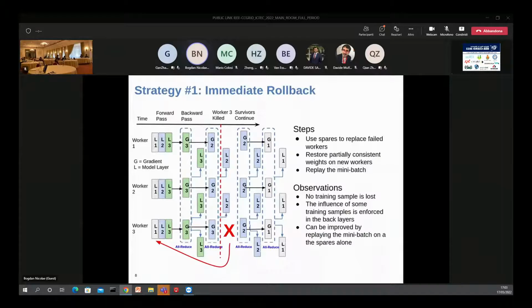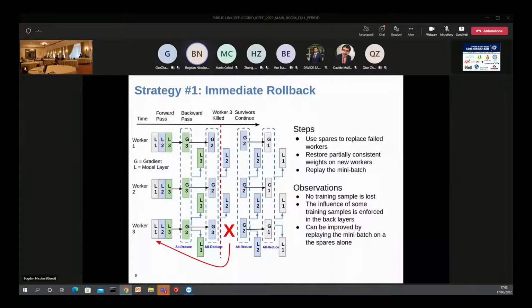And then they broadcast an in-memory checkpoint of the model to these new workers. And then all of them go back to the beginning of the iteration and replay the same mini batch.